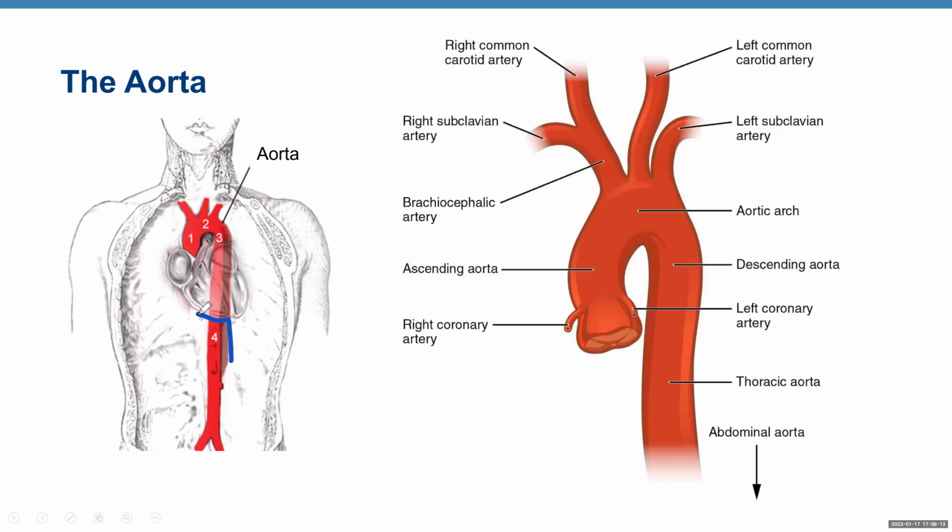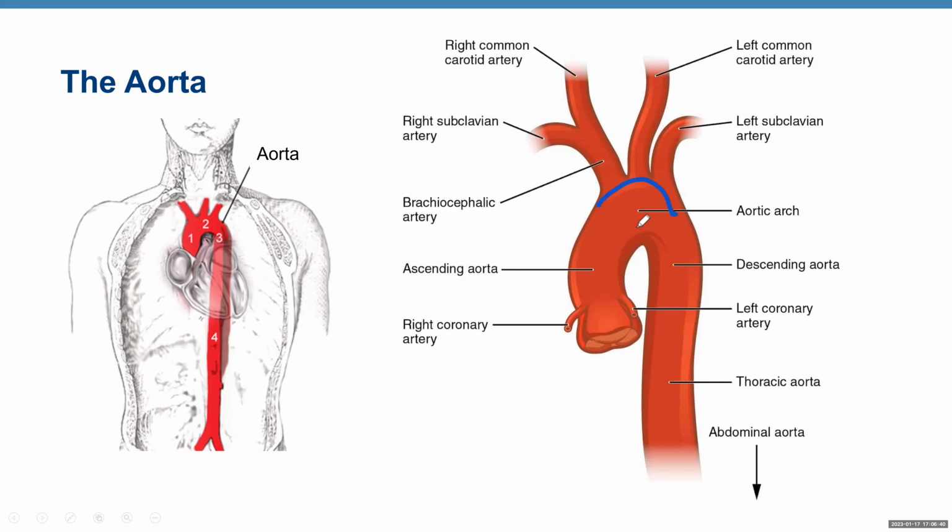And when it moves below the diaphragm, we call it abdominal aorta. The first 2 branches from aorta are right and left coronary arteries that supply blood to the heart muscle. So here's your ascending, aortic arch, descending, thoracic, and then down to abdominal aorta.